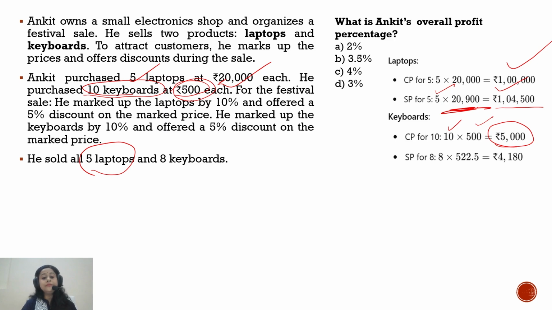He could sell only 8 keyboards. So we will consider the selling price of only 8 keyboards because that is his revenue. The other 2 keyboards he could not sell. Although he has purchased them, since he could not sell them, it will be considered as loss. So we will only consider the selling price of 8 keyboards.